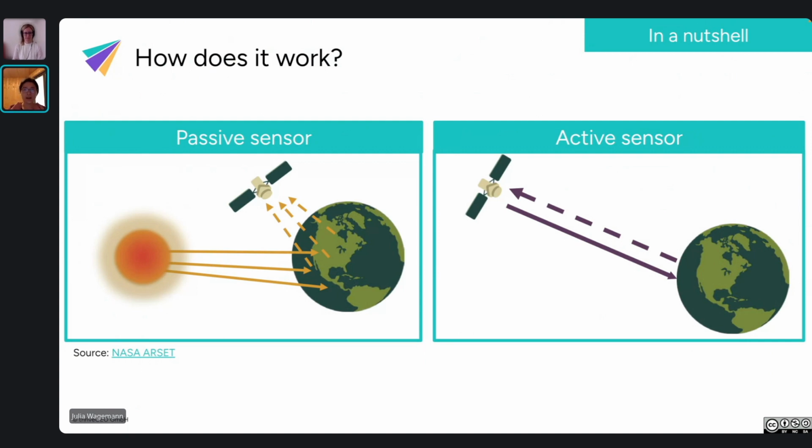And this is similar to how our eyes work, right? When you look at an object, what you see is light that's being reflected off the object into your eye. And then your brain can make sense of this information, and you see an image from this light.